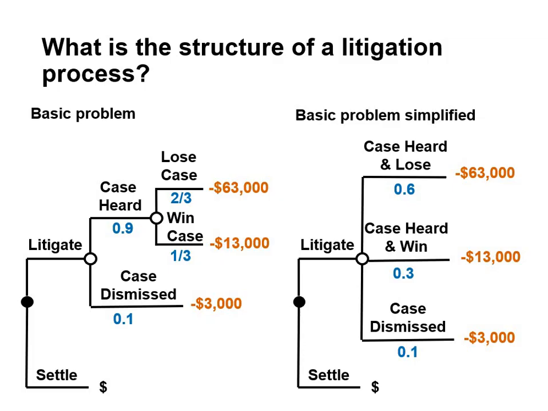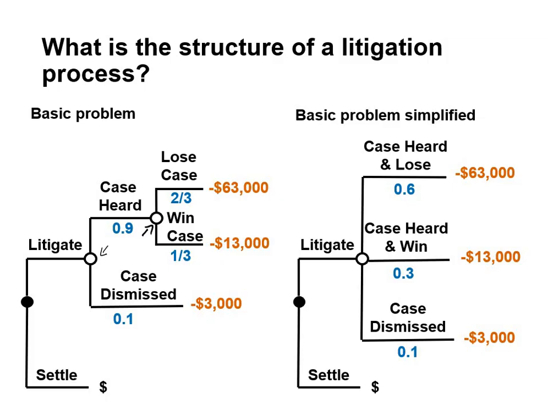So we have a decision tree, and what is unique about this decision tree is that we have a chance node here, and another chance node here.